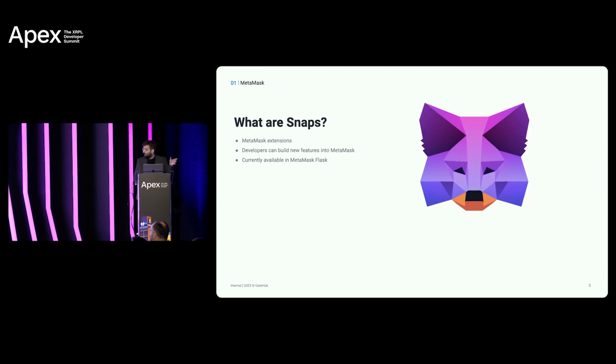So let's talk about what snaps are. Actually, it's an extension of an extension. MetaMask has launched an extensible platform where developers can extend MetaMask functionality, and these snaps run inside MetaMask.